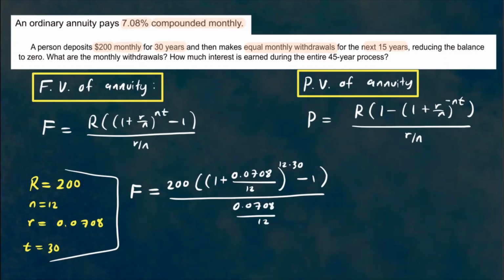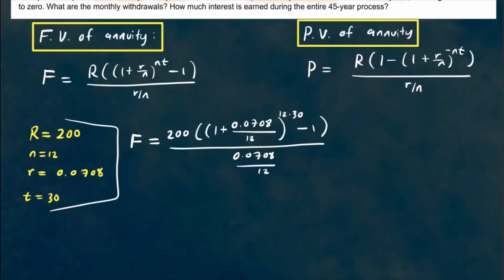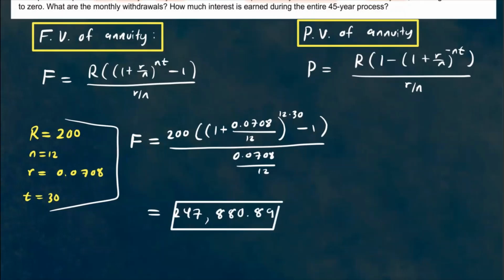This will give you the future value of this annuity. Now, once you plug this in carefully into your calculator, this will give you $247,880.89. I'm rounding it to the nearest cent. So this is how much it's going to accumulate to in the future.